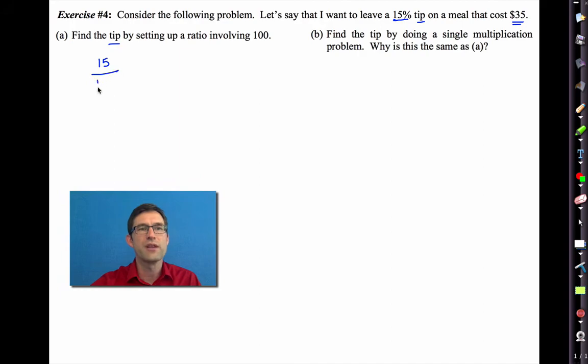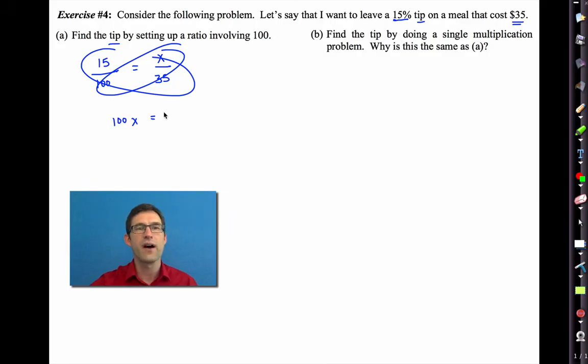We'll do 15 is to 100 as x is to 35. No problem, cross multiply. We have 100x is equal to 15 times 35. That's 525. We'll divide both sides by 100, and we'll find out that the tip is 5.25.